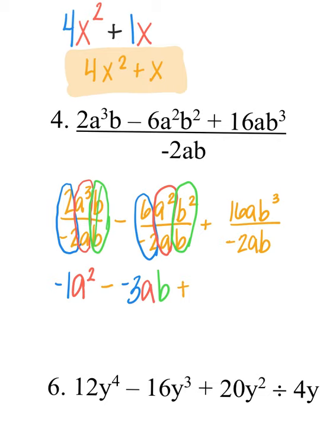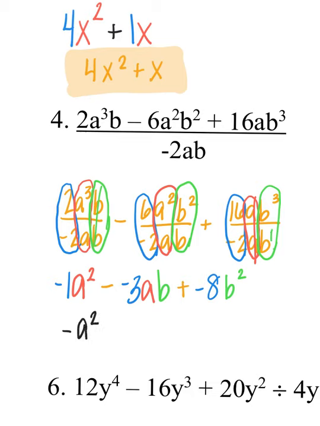Plus 16 divided by negative 2 is negative 8. A divided by a cancels out, so we have no a's left. And b to the third divided by b to the first gives me b squared. So now when I rewrite this, I get negative a squared.